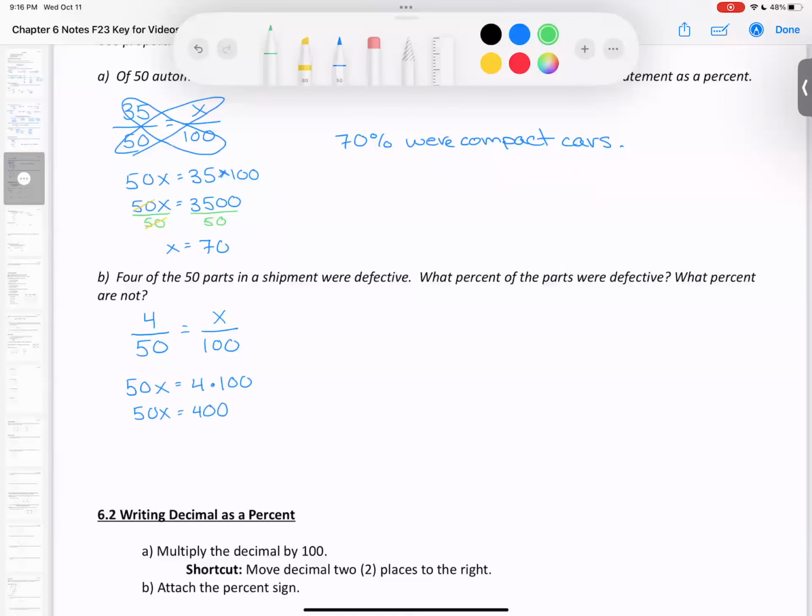Now we want to know what just one X is, so let's divide both sides by 50. And so we get X is 80? No, that's 8, isn't it? 8. So 8% were defective.